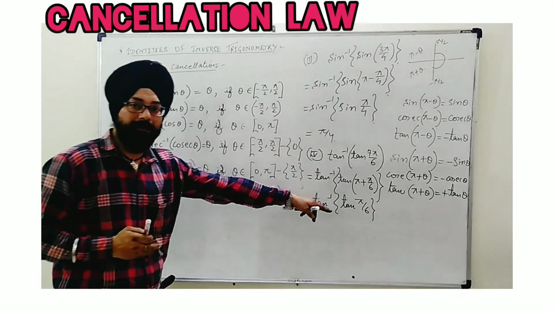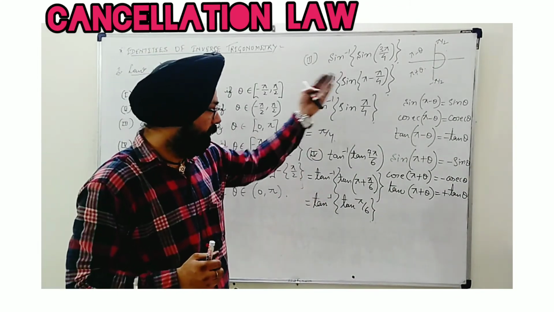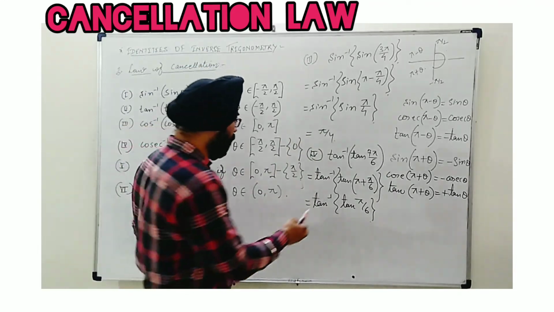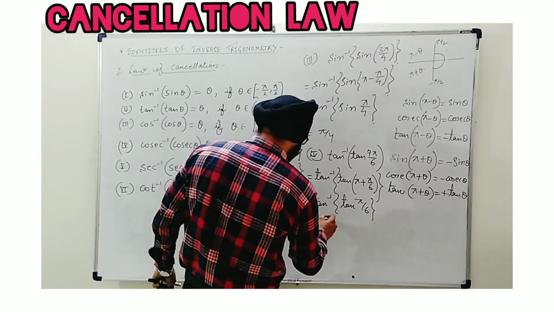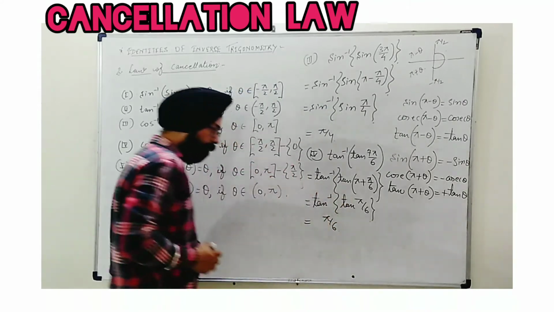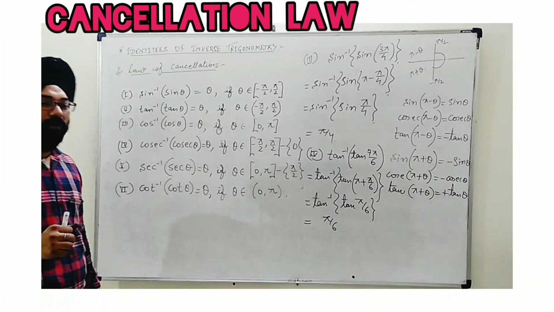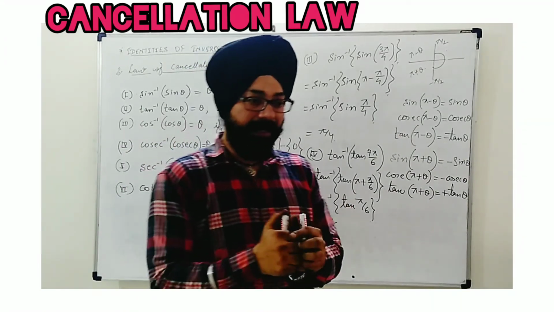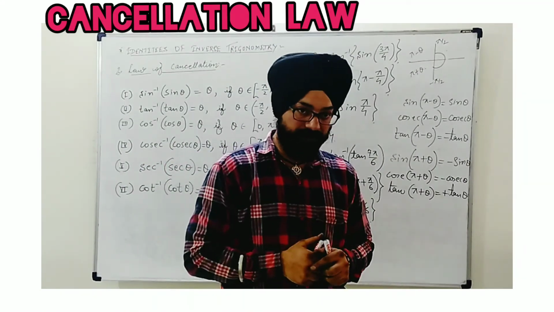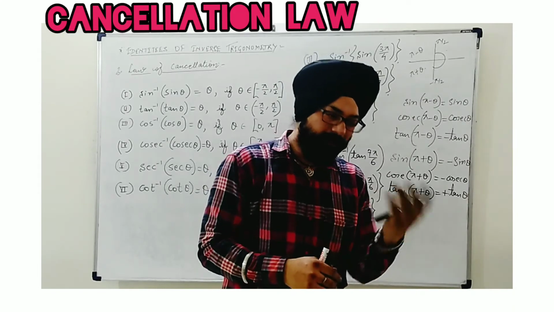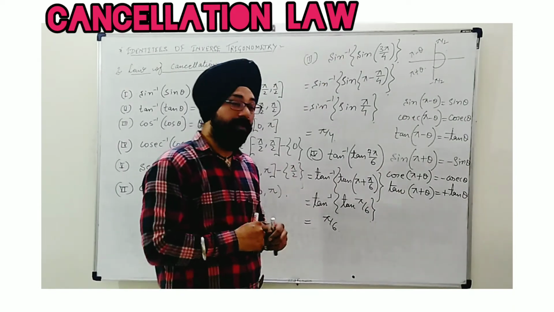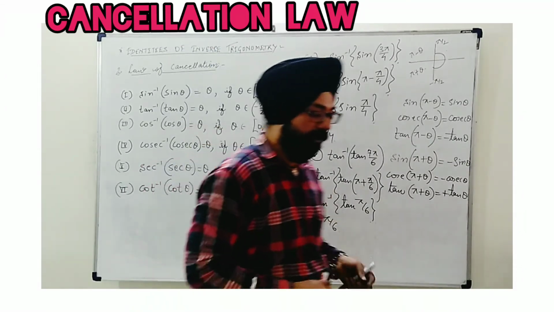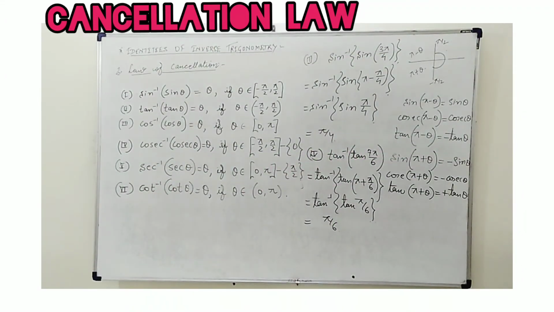Now since pi by 6 is a value from this interval minus pi by 2 to pi by 2, that is why we can apply cancellation law and we have direct answer as pi by 6. I hope this all you have understood. So far I have explained you taking angles between 0 and 360 degree. Now the last pattern we are going to take, when angles are beyond 360 degree, then what to do. Okay, we will see with a few examples. Let's start.